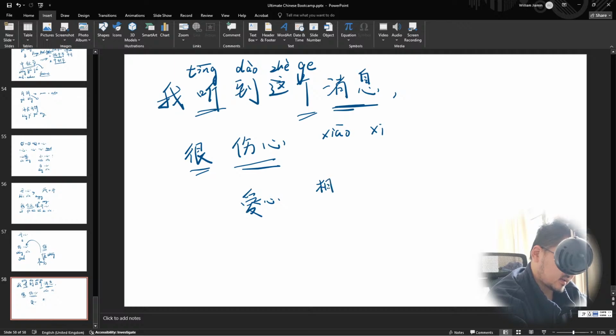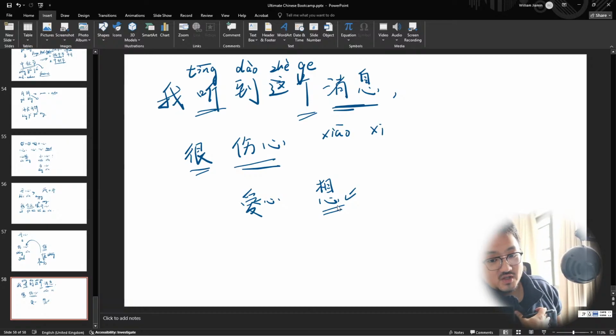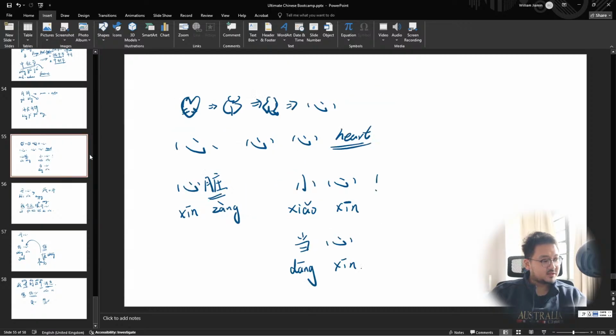What about 想? I'm thinking about you all the time, I miss you. For 想, we've got this 心 inside. Basically it's like think, but using your heart to think. We will talk about the complex characters later, but let's just focus on the single character 心, the heart, okay?